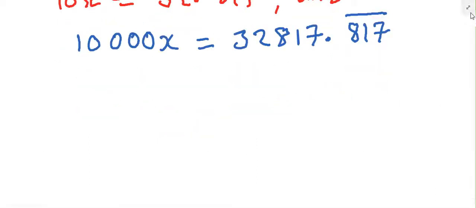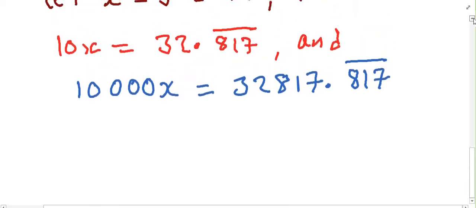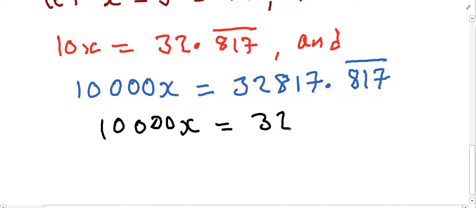From there, what you really need to do is just subtract those two. So you're going to say 10,000x is equal to 32,817.817 bar.